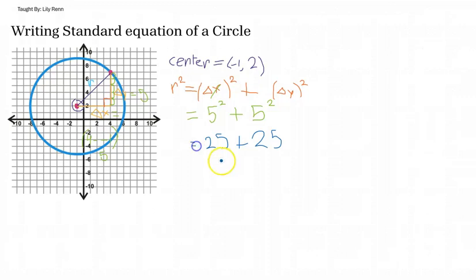When we add these two numbers up, we get 50. So r squared is equal to 50. We don't want r squared, we want just r, so we're going to root this. So we have r equals root 50.